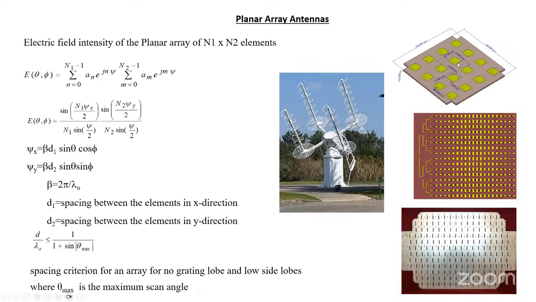The top one is a planar patch antenna using a corporate feeding network, most probably because the feed network is in the next bottom layer. Next is the series fed planar array antenna, the second one from top. The last one is a slotted planar array antenna.